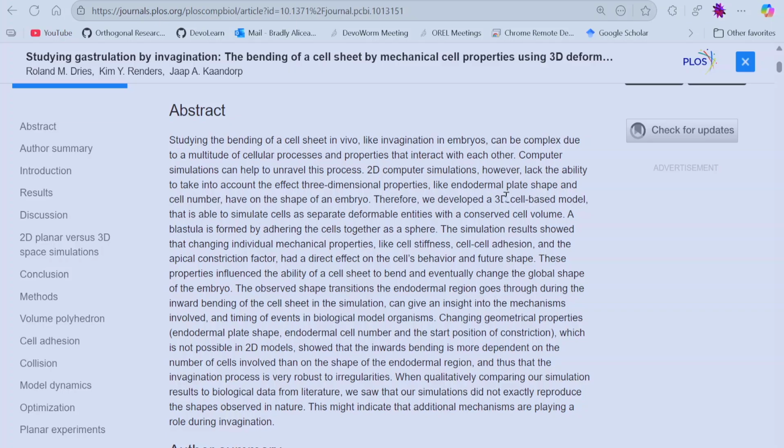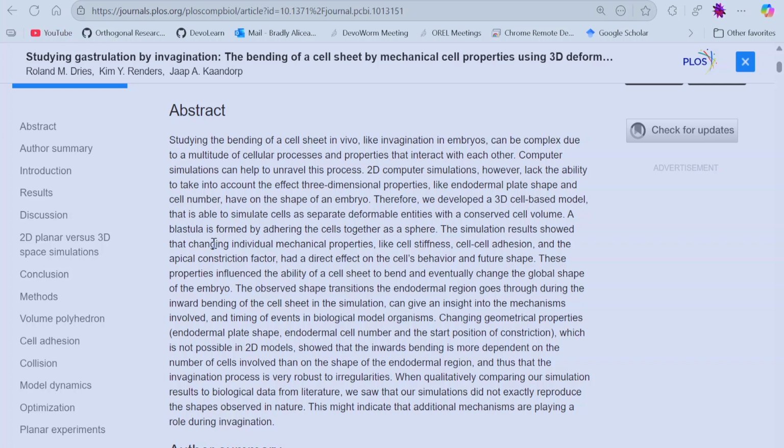Therefore, we developed a 3D cell-based model that is able to simulate cells as separate deformable entities with a conserved cell volume. So they're fixing cell volume. With respect to deformation, they're able to model 3D deformation of the cell, like twisting and bending, but still having the cell body intact.